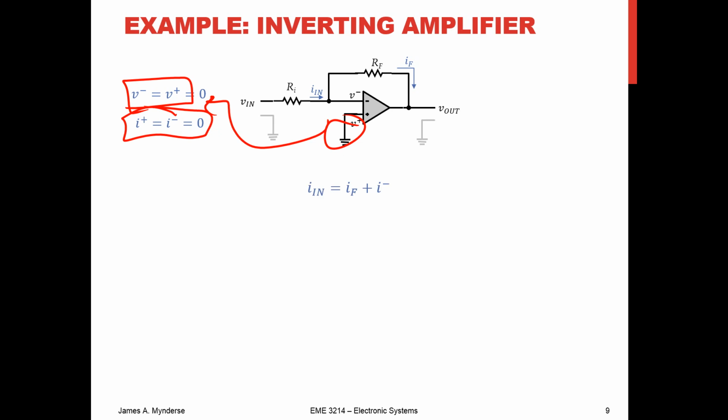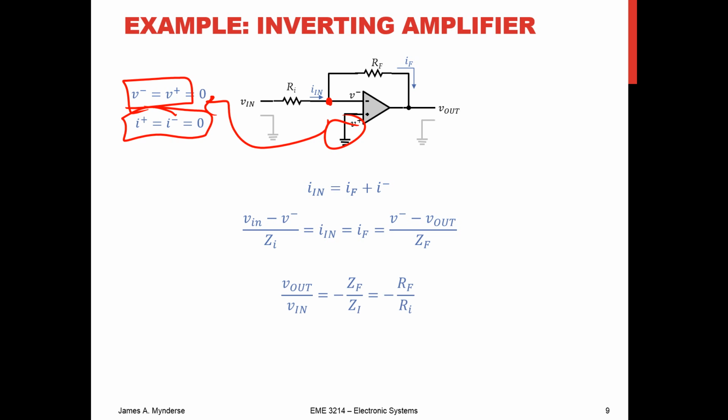So what we can do is apply Kirchhoff, and we can say the input current into this node right here is going to be equal to the feedback current plus the current going into the inverting input of the op-amp, which we know, again, is 0. And if we then apply Ohm's law on each of the resistors, Ri and Rf, and we're going to deal with a complex version, which is Z for impedance, then going across Ri is going to be Vn minus V minus over Zi, and in the feedback, V minus minus V out over Zf.